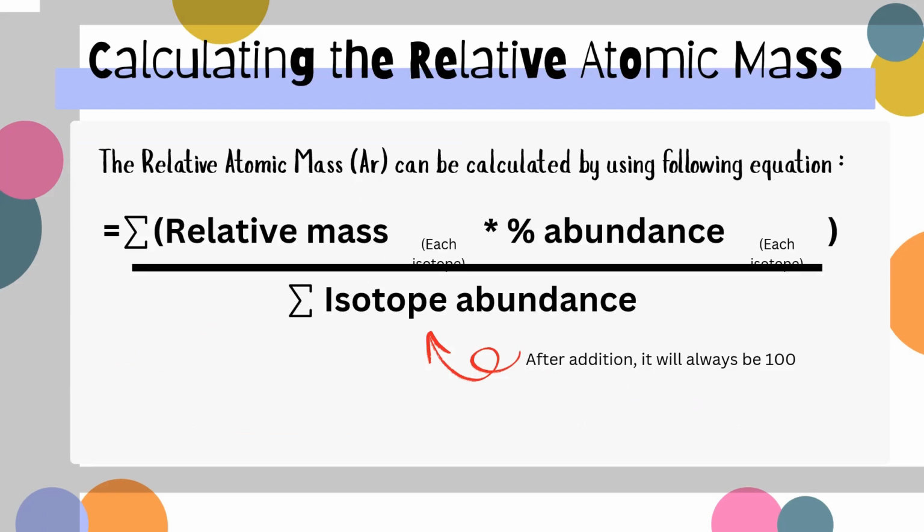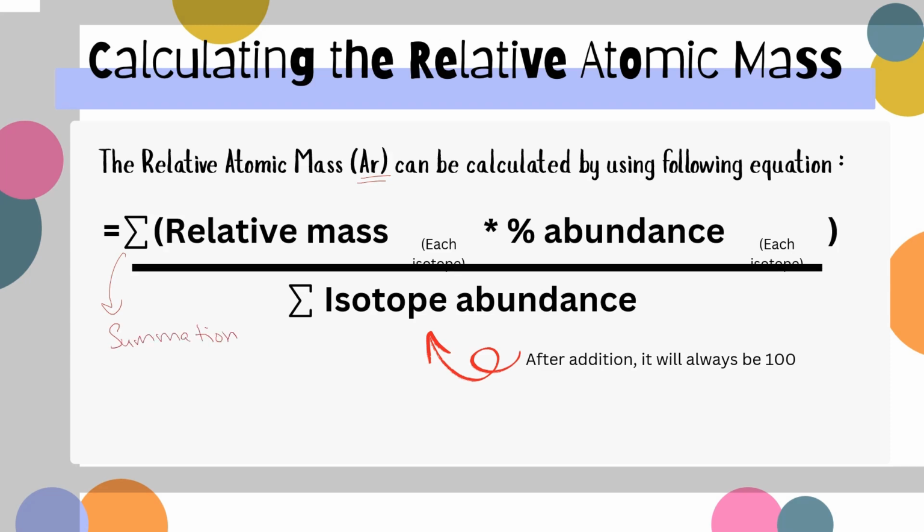Now, calculating the relative atomic mass. The relative atomic mass, also written as Ar, can be calculated by using the following equation. This is the symbol for summation.